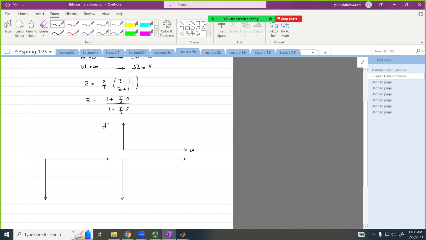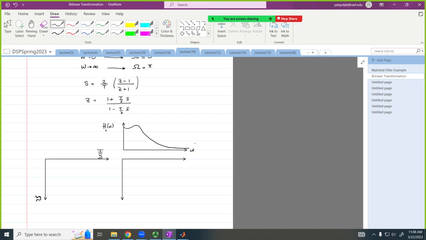So this is H continuous of W, and this is the filter in the discrete time domain, H of omega, and this is our omega. So let's see what we're doing. I have a low-pass filter that I designed, Chebyshev, Butterworth, elliptic, whatever filter we design. So this is the filter.